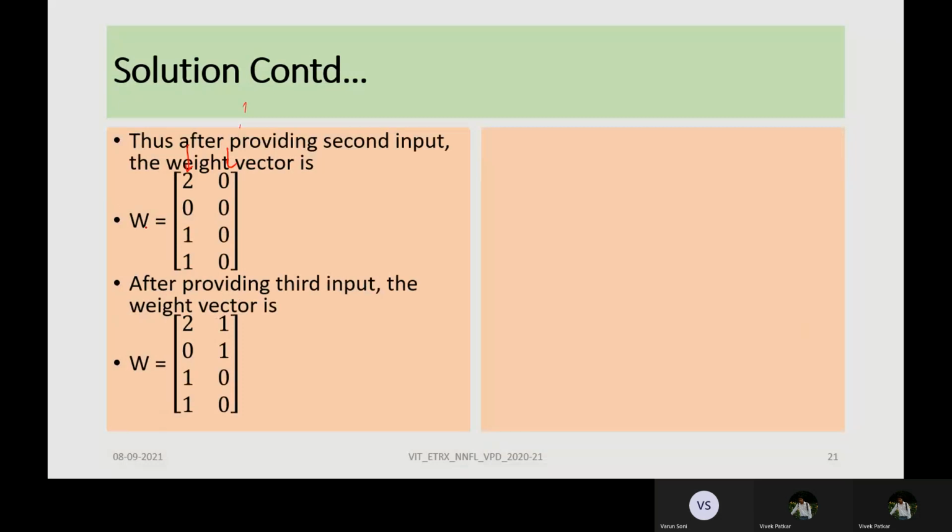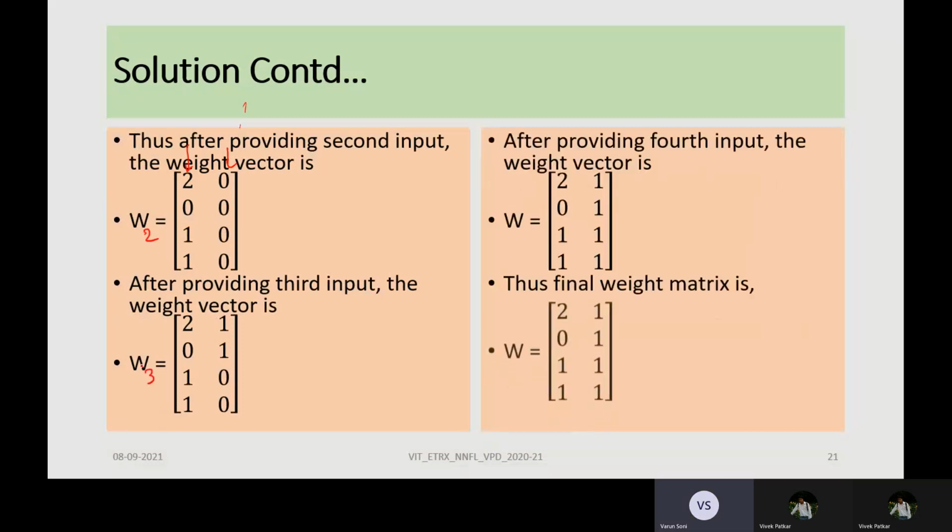You call it W2, W3, and this as W4. Or finally, you write W is equal to W1 plus W2 plus W3 plus W4, and then you write this step. Okay, sir.